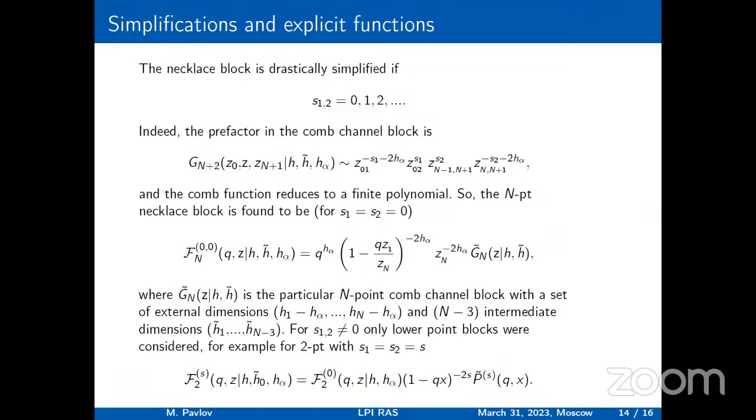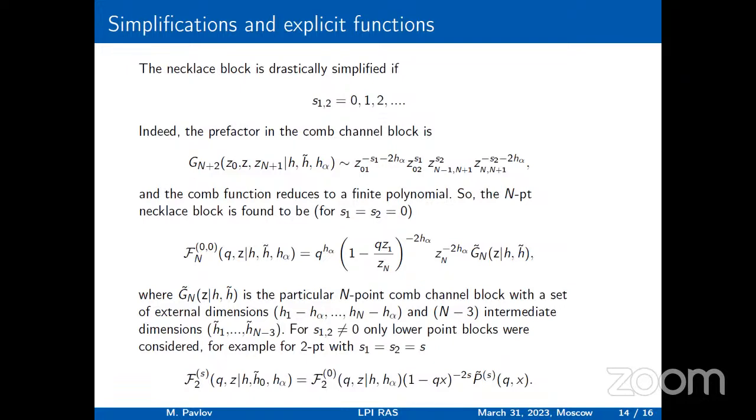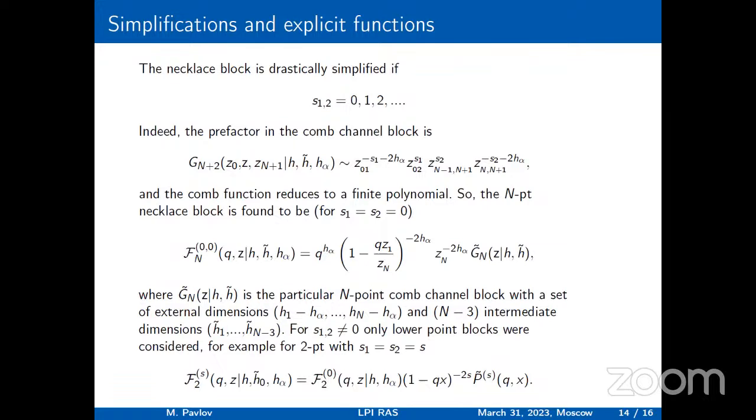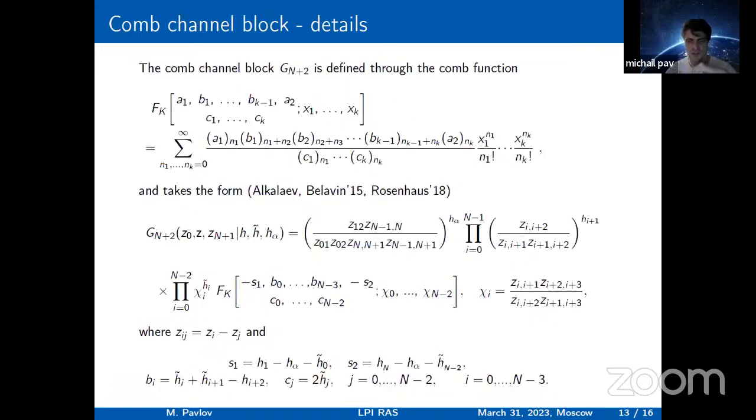I mean, the paper you mentioned is for which n? Oh, okay. Let me think. I guess it was the paper written by Belavin and Alkalaev. I see. I guess they considered, for sure, the 2-point block. 2-point, right. Maybe there are some generalizations, and it's quite an interesting question.